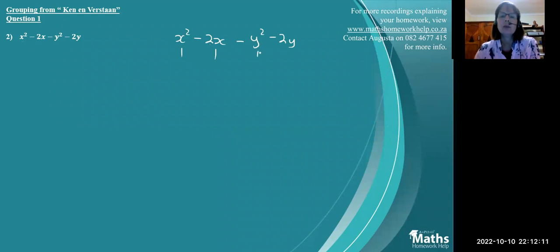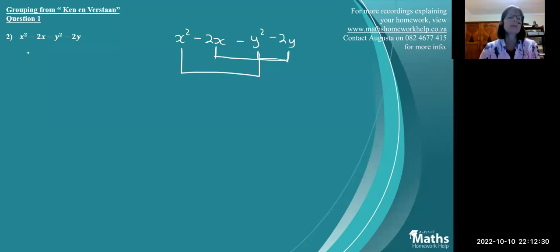If you take out a y here, 1y will remain and a negative 2. That means you're not going to sit with something common. So you must have a combination of at least an x and a y in the one bracket and an x and a y in the other bracket.